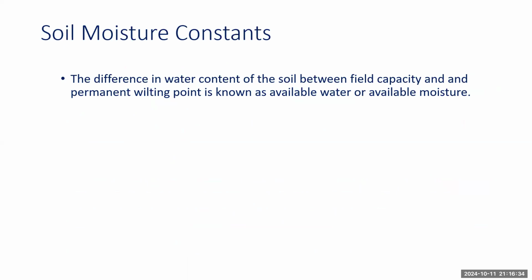Based on this soil moisture constant, a short note is asked: write a note on soil moisture constant. You have to start with saturation capacity. Second, write about field capacity. Third, the permanent wilting point. Then the temporary wilting point. Then the ultimate wilting.